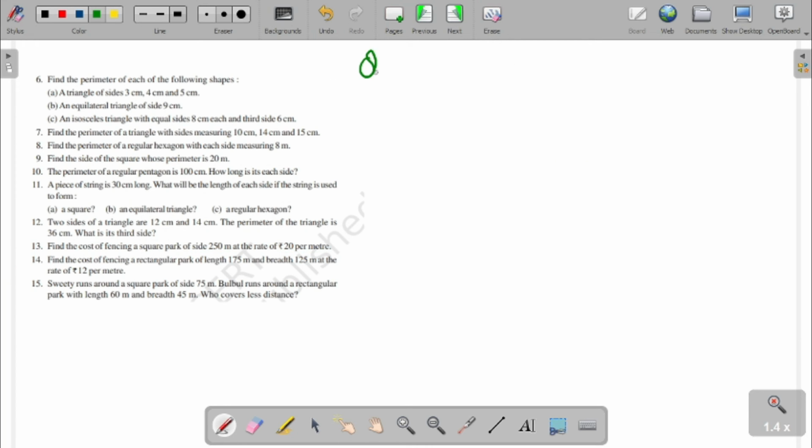In question number 14, you can see again we have to find the cost of fencing a rectangular park. Length is given as 175 and breadth is given as 125. Then we will first find the perimeter.